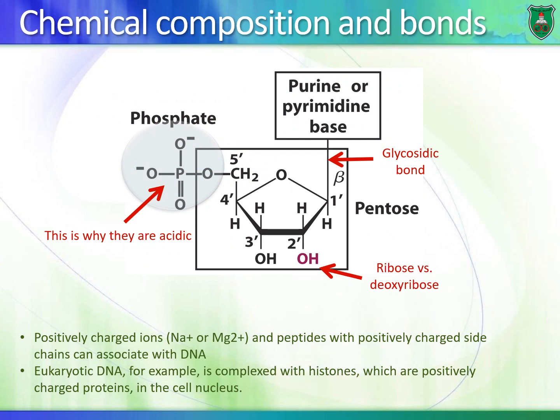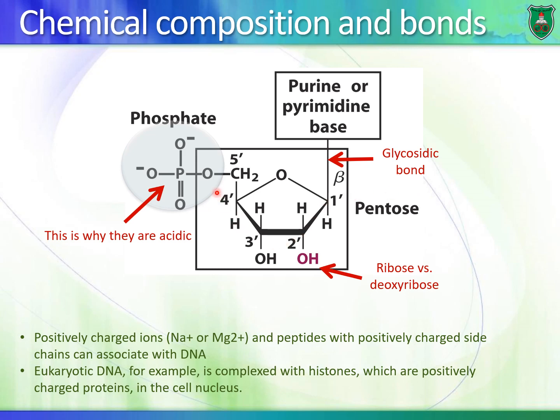So let's focus now on the monomers, the nucleotides. Any nucleotide is made of three components. One, you have a sugar. Two, attached to the sugar, you have a nitrogenous base, and this base is linked via what is known as a glycosidic bond to carbon number 1 of the sugar.